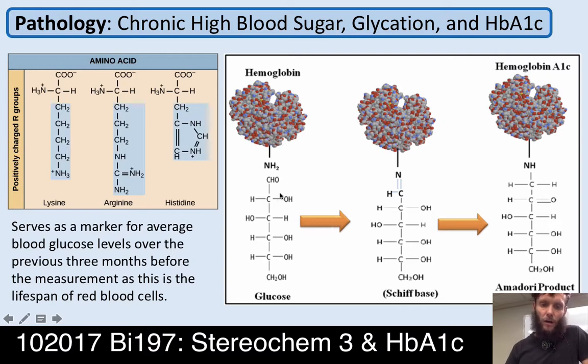When there's a ton of glucose, we've already seen that glucose can go from open to closed chain form. It interconverts. And even though only 0.25% of the glucose in your blood is open chain, when you have super chronically high glucose, that amounts to a significant amount of glucose.